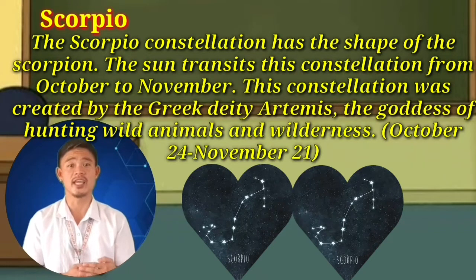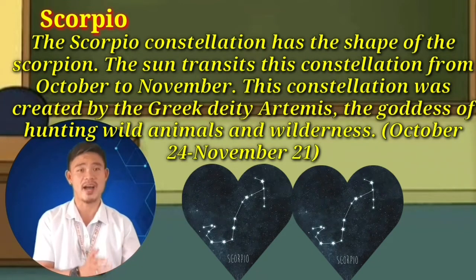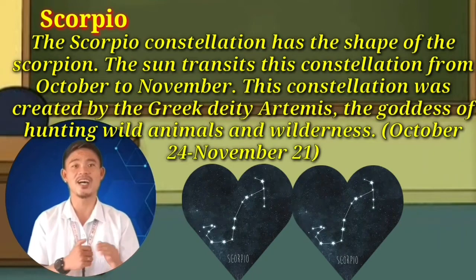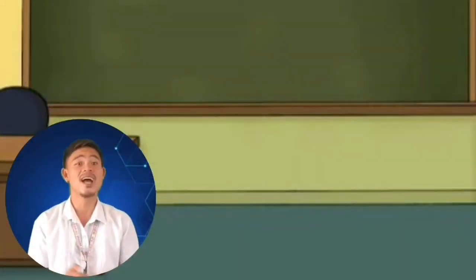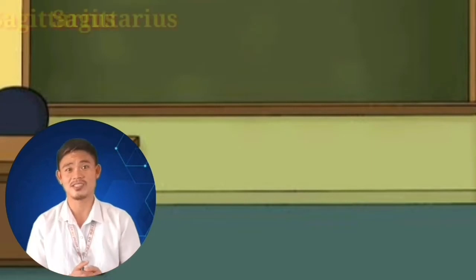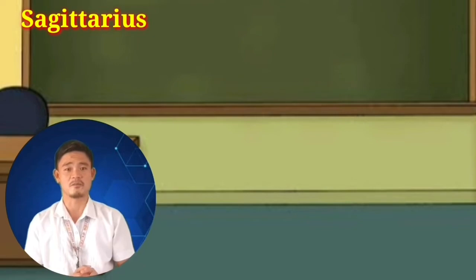And this constellation is between October 24 to November 21. And since I was born on November 12, I am under this constellation, meaning my zodiac sign is Scorpio. Now how about yours?